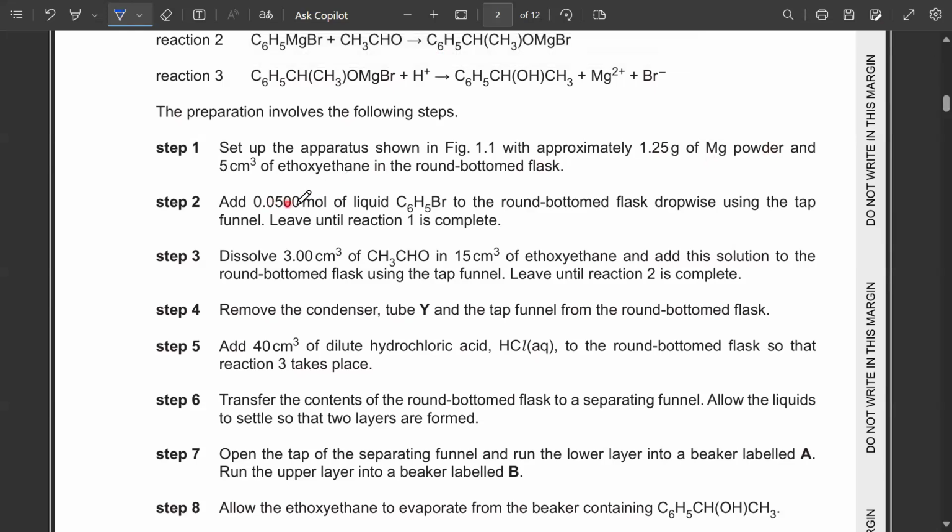And then step 2 says 0.05 mole of liquid of this C6H5Br to the round bottom flask, drop twice and using the tap funnel, leaving the reaction 1 until reaction 1 is complete. Then dissolve this ethanol in 15 cm cube ethoxyethane and add this solution to the round bottom flask using the tap funnel, leave until reaction 2 is complete.